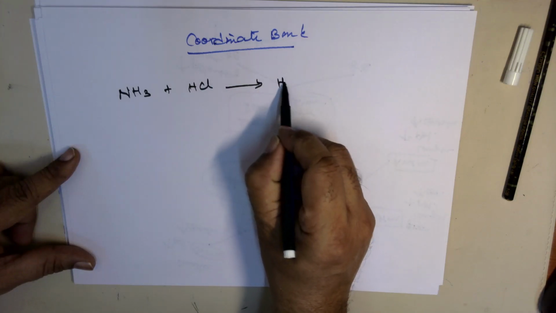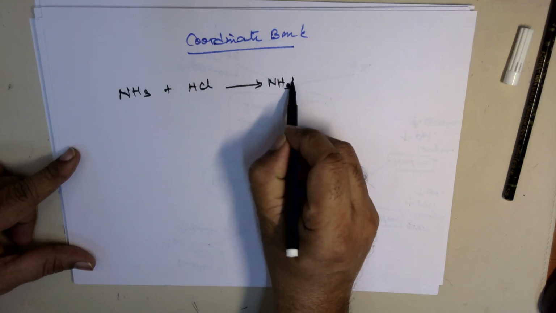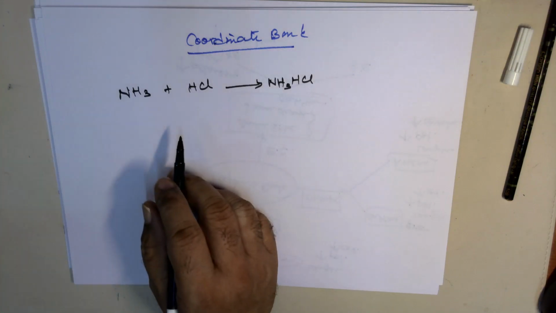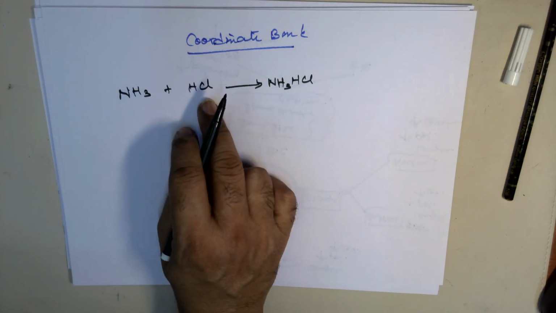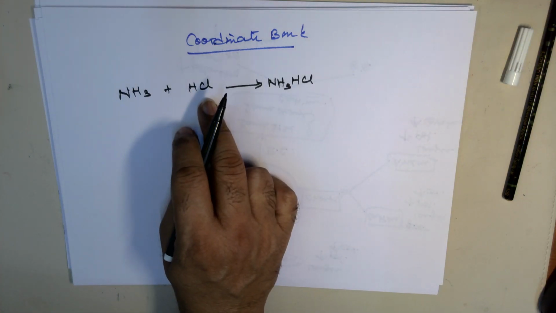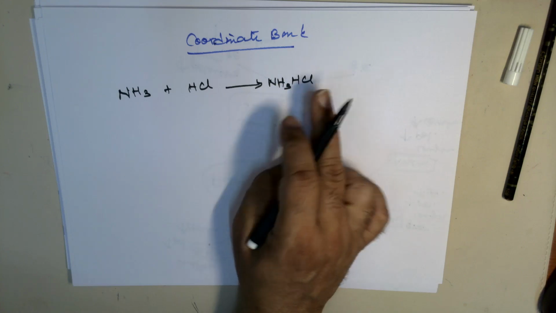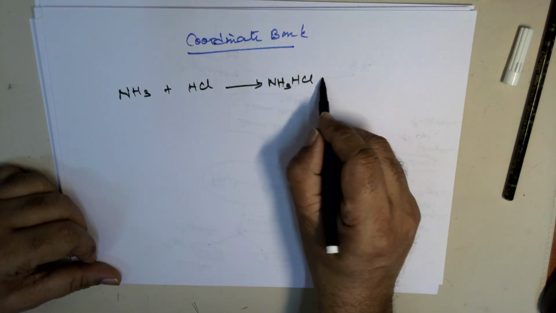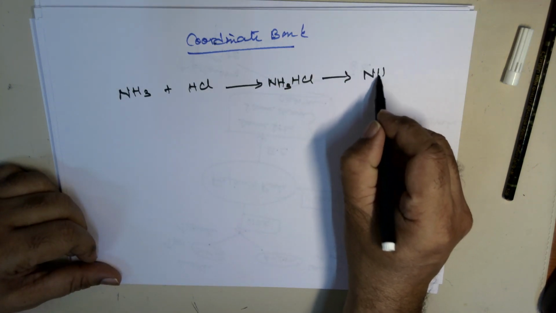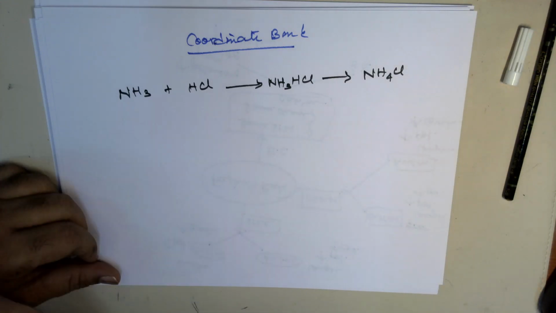Actually, it gives NH3·HCl. This is ammonia, this is hydrogen chloride, so this is ammonia hydrogen chloride, but we say NH4+ Cl-, ammonium chloride.